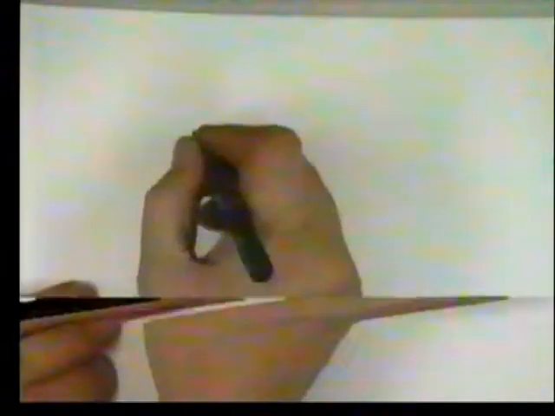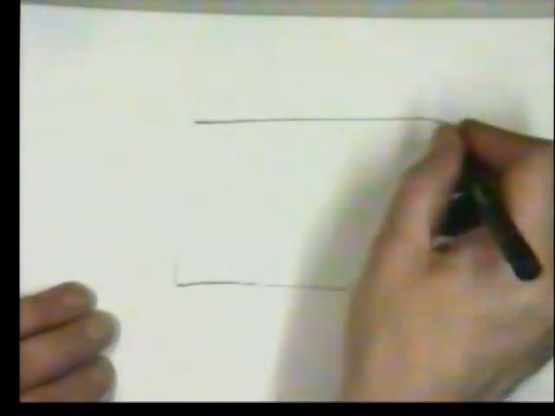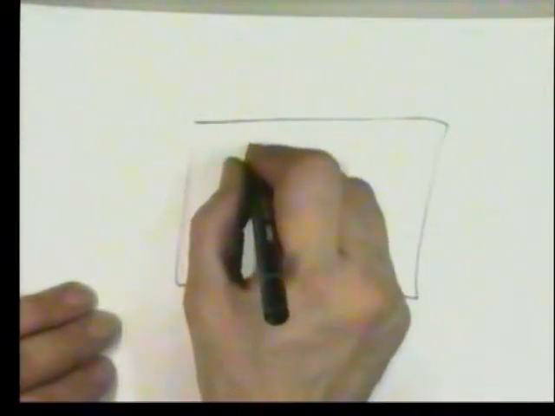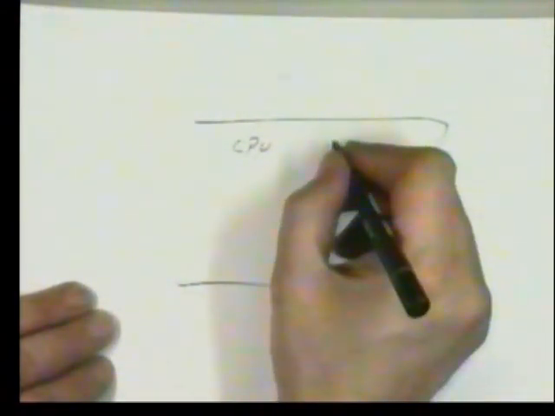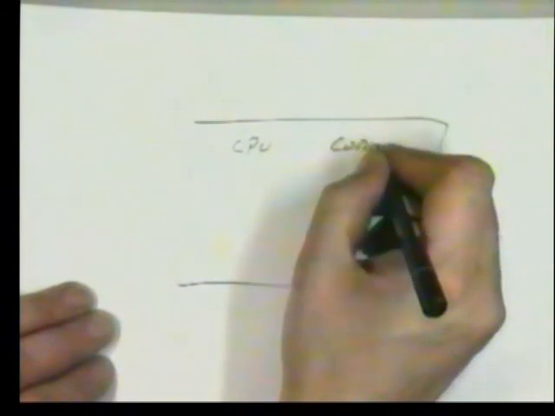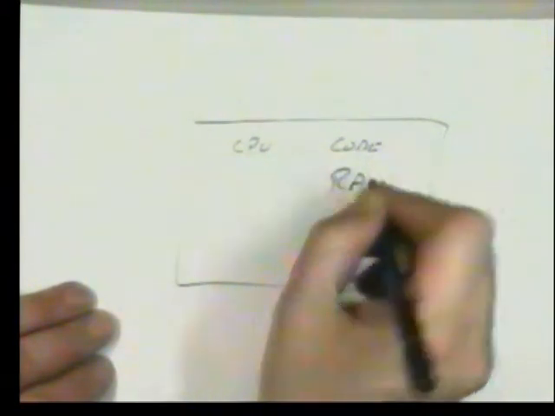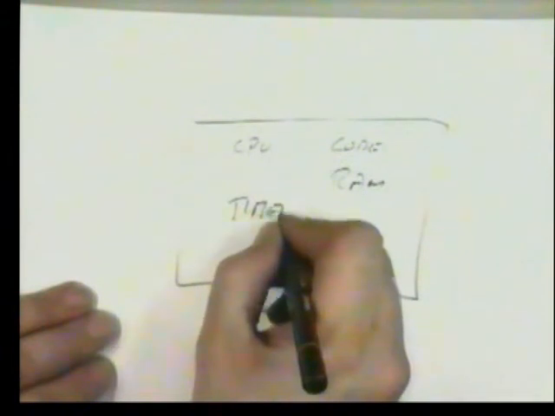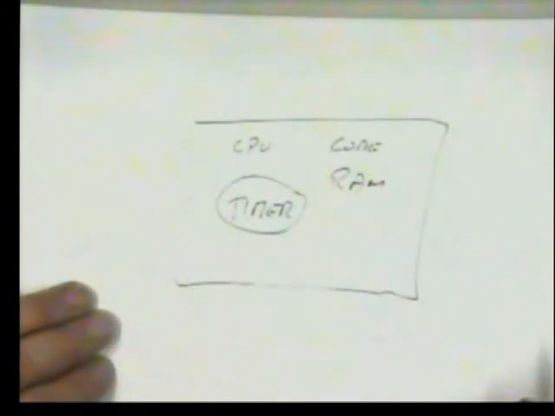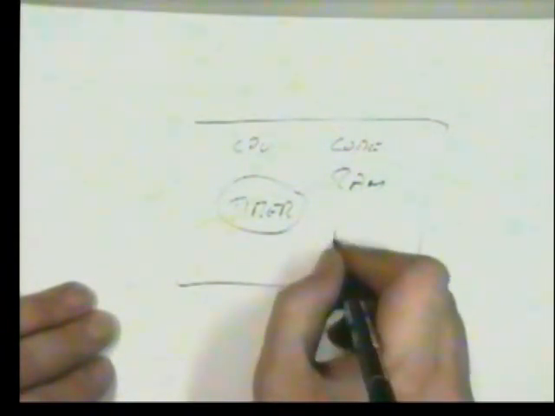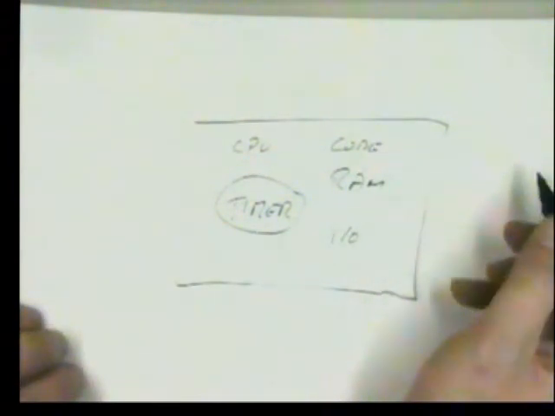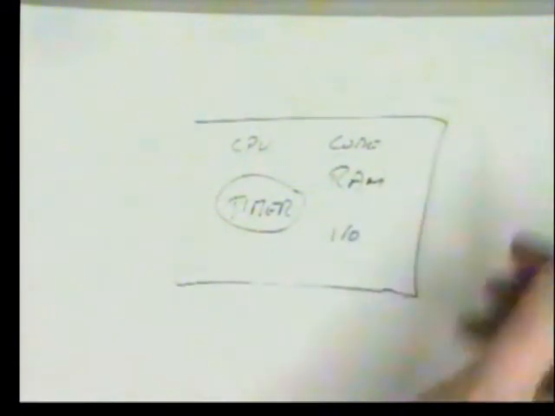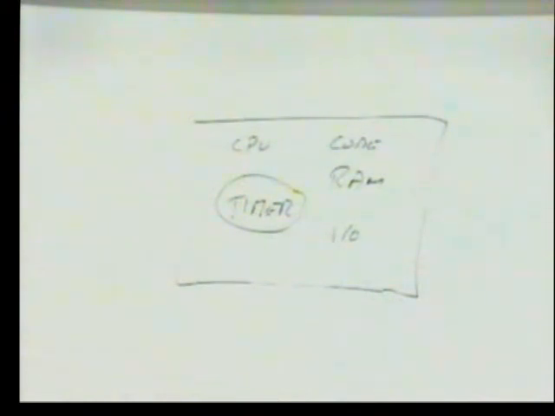So if you look at the basic guts of a microcontroller, you have the CPU, just as you have in a PC, but also you have code space, some RAM, and a timer, because that is key to all real-time systems, and we'll look at that in more detail later. But the other thing you always get is I/O. So when you look at a particular microcontroller, I'm trying to find one that will show up on the picture. Here's one.